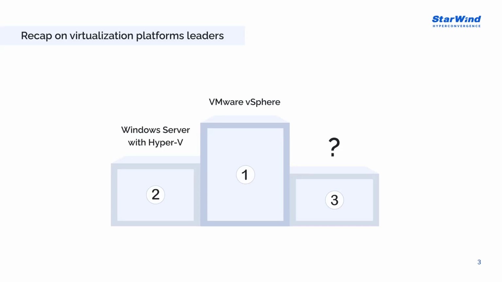Because things are changing. Windows Server 2022 and Hyper-V as well, because Azure Stack is there, and Microsoft is pushing everyone to cloud. Don't get me wrong, cloud is great, but maybe not working for everyone. Who knows?